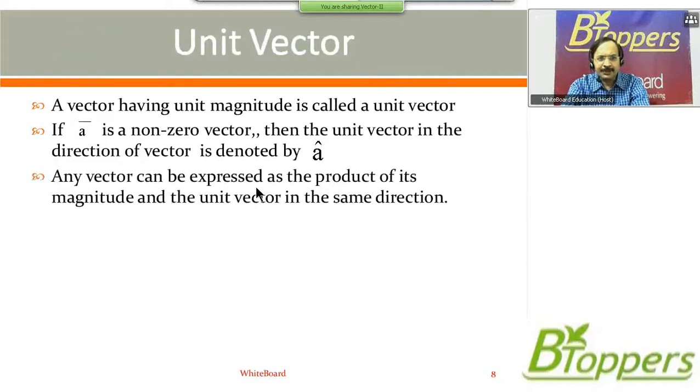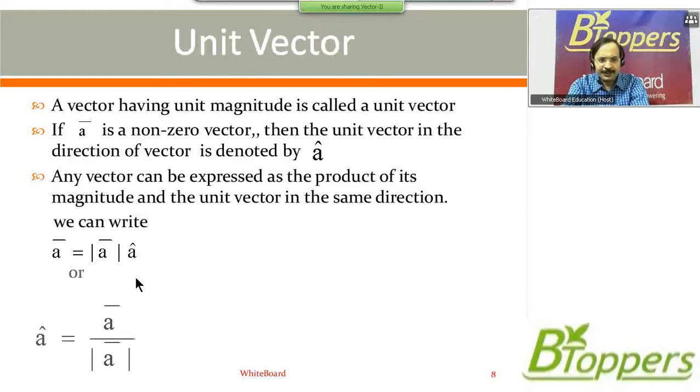Any vector can be expressed as the product of its magnitude and the unit vector in the same direction. So we can write vector A bar equal to magnitude of A bar into A cap. That means vector A bar is equal to magnitude of vector A bar into the unit vector in the direction of A bar, A cap. In case you want to write the notes, you can pause and copy the notes.